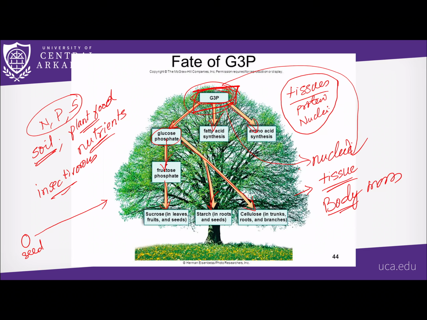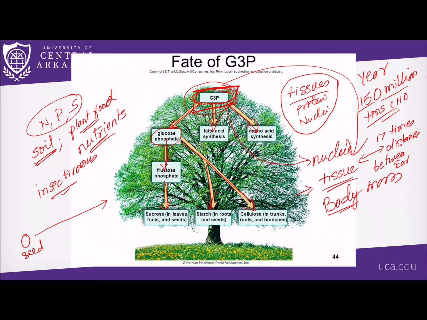Now our book tells us that the plants produce per year 150 million tons of carbohydrates. Now, that is a big number. So 150 million tons is, if you look at the mass or the weight of the book, and you take enough books and lay them in a straight line, it'll be 17 times the distance between Earth and Sun.